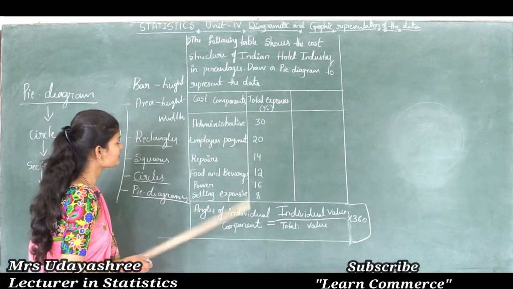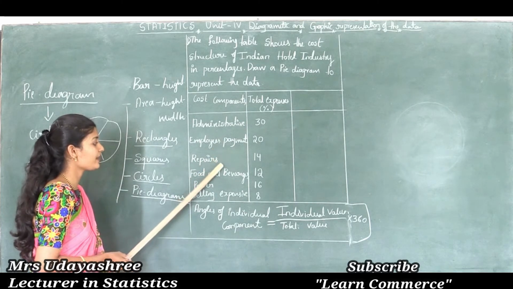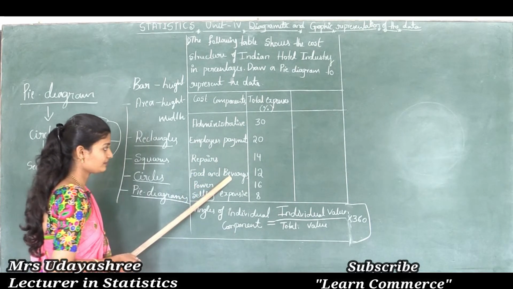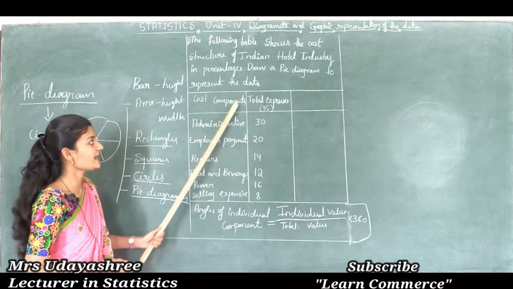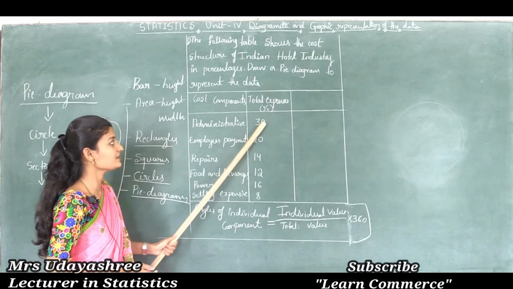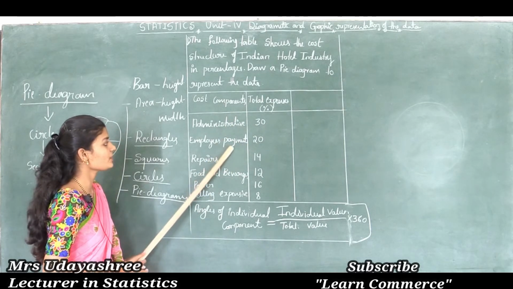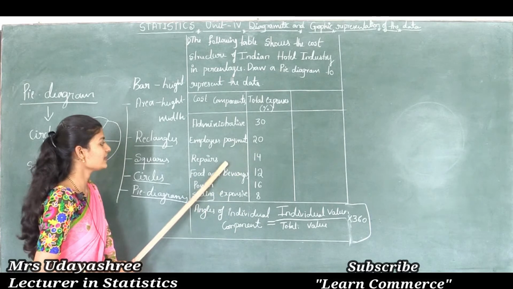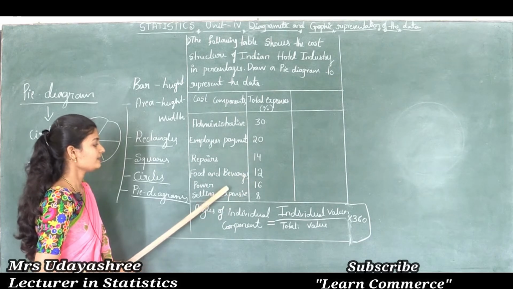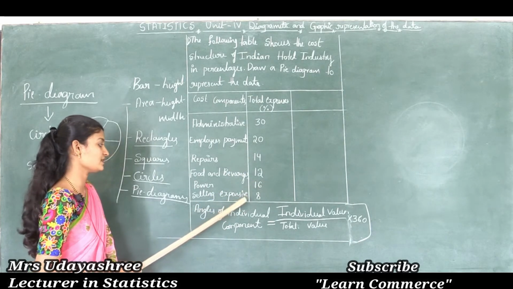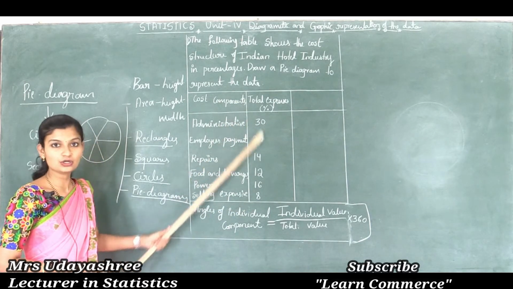The cost components given are administrative 30%, employees payment 20%, repairs 14%, food and beverages 12%, power 16%, and selling expenses 8%. So these are the total expenses.